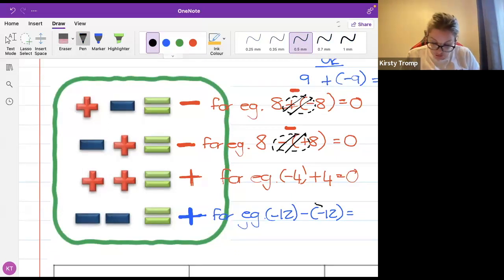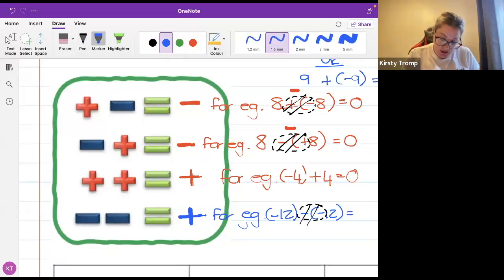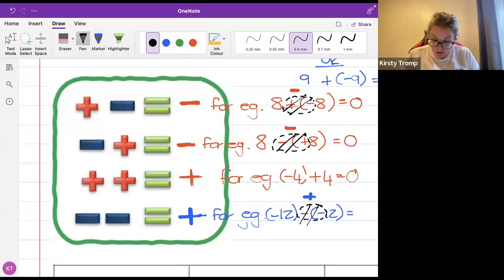So I like to draw a circle around them. The moment I see a negative sign and a negative sign, I know they're going to cancel each other out, and that sign is going to become positive. So I have negative 12 plus 12, which will give me 0.